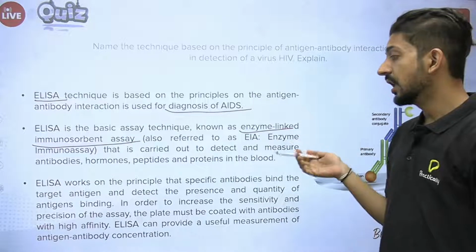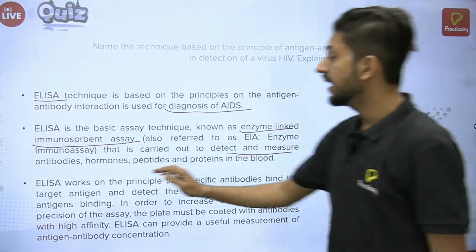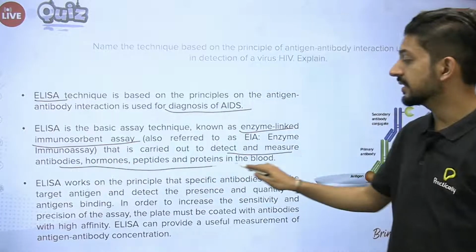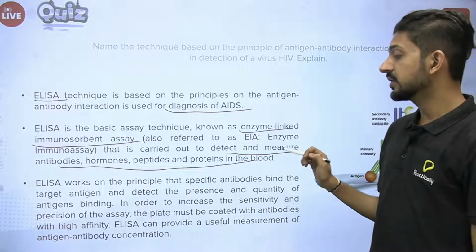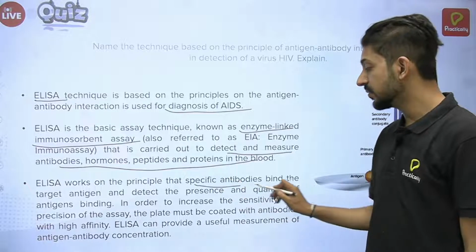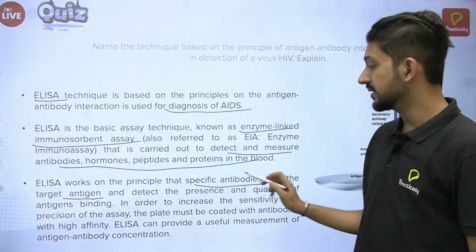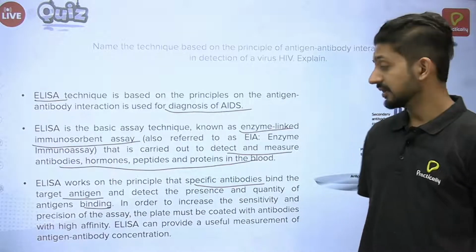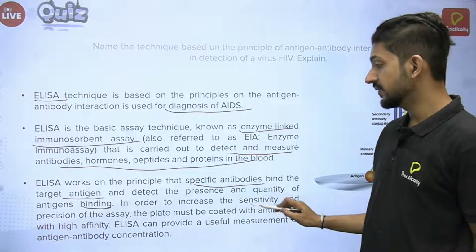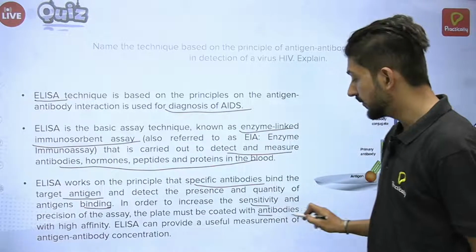ELISA detects and measures antibodies, hormones, peptides and other proteins present in the blood. It works on the principle that specific antibodies bind to the target antigen and detect the presence and quantity of antigens. In order to increase the sensitivity and the precision of the assay, the plate must be coated with antibodies.